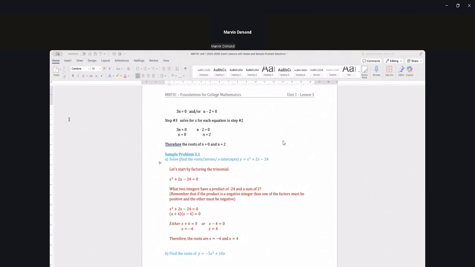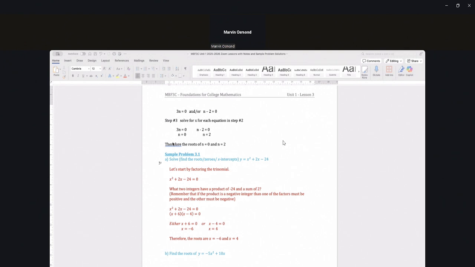And what's even neater is in the first lesson, we learned about the vertex form of the equation. The vertex form of the equation is y equals, and bracket x.